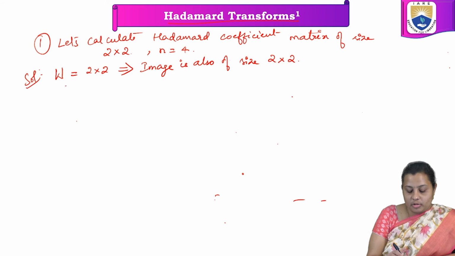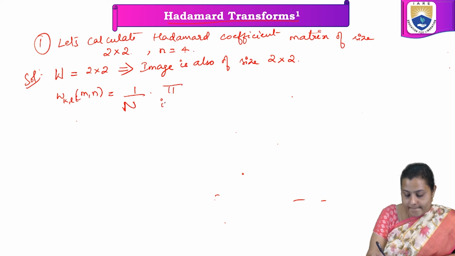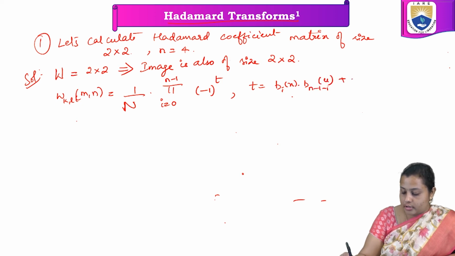So what are my possible functions? We have minus 1 to the power t, where t is equal to bi of x into b n minus 1 minus i of u plus bi of y into b n minus 1 minus i of v.